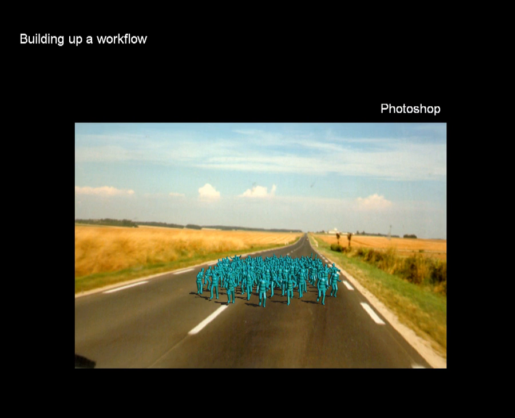The second step is I try to figure out how to use Massive, because it's quite difficult. It's not very user-friendly, and I began to make a small Photoshop compositing. I rendered out some people and tried to combine it into a real picture.